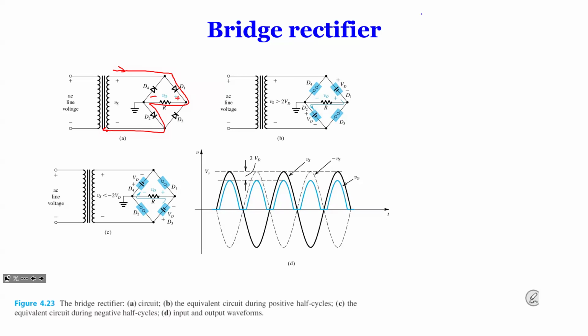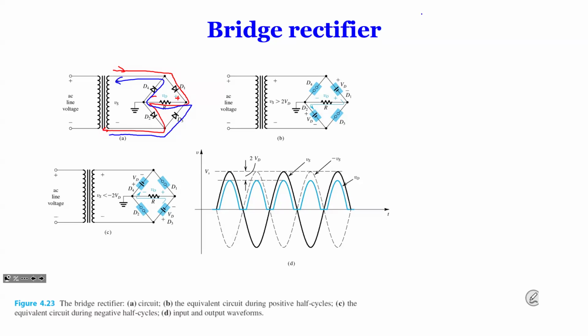When voltage is negative, you can see it still flows from the right hand to the left hand on the resistance. Therefore, the resistance voltage is positive regardless of the polarity of the input. When input is positive, you go through D1 and D2. When input is negative, you go through D3 and D4.